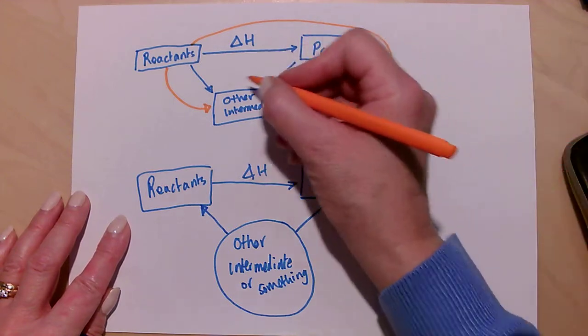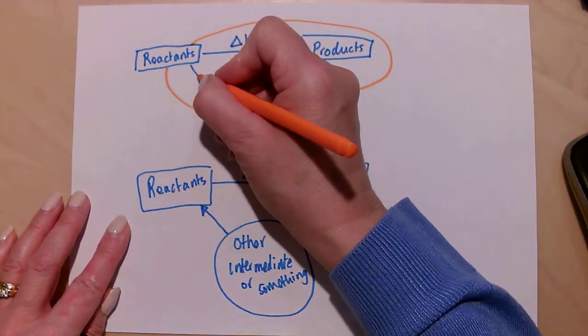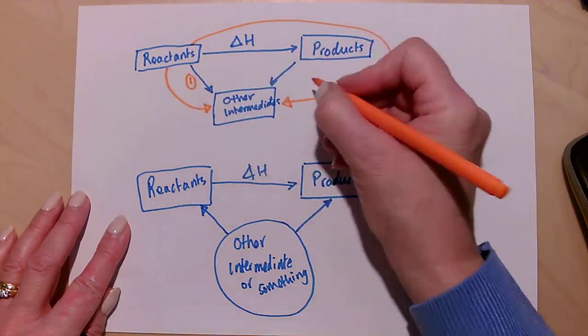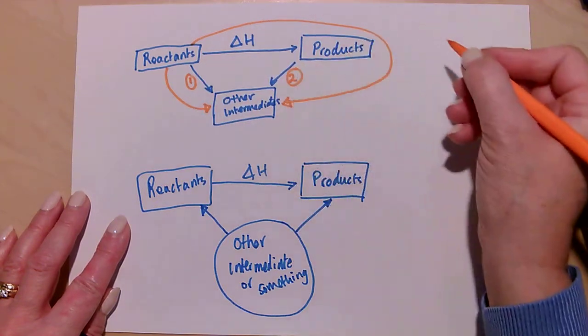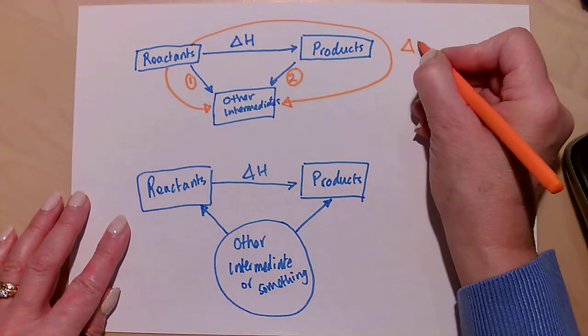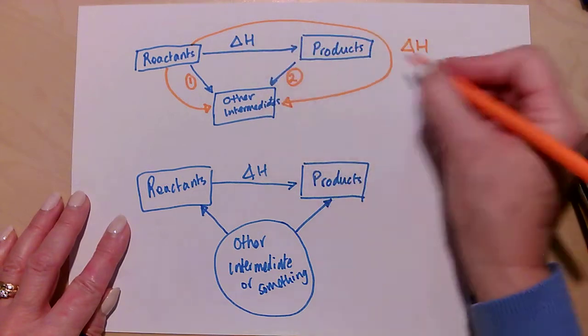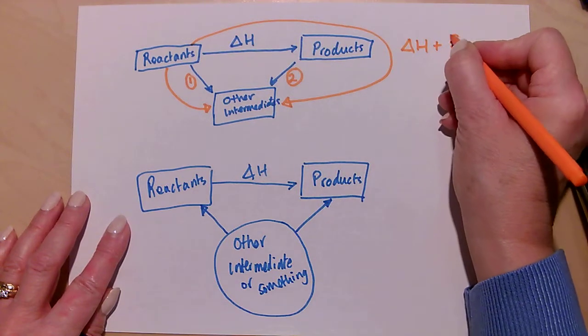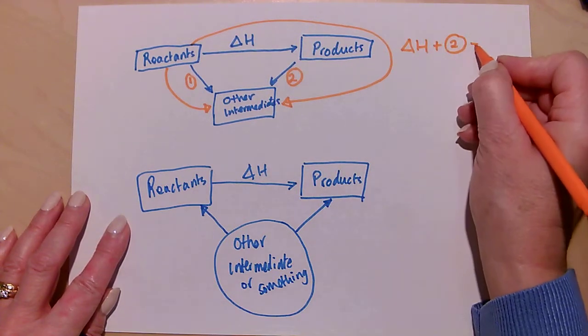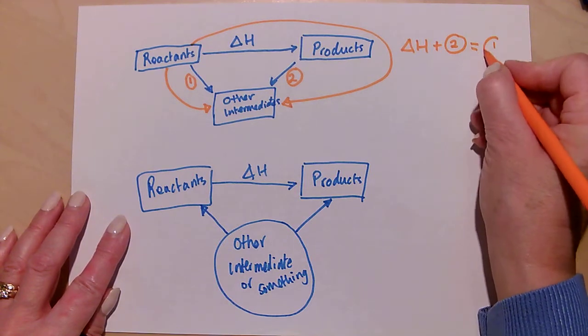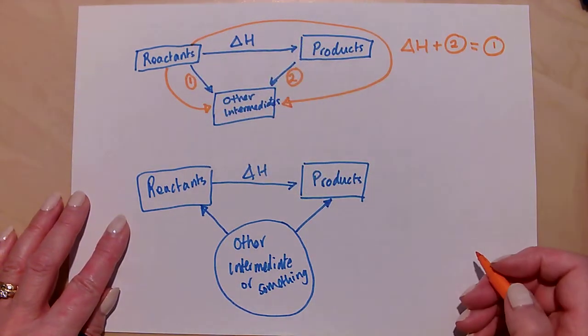Okay, so if I call this 1 and 2, then the enthalpy change 1 plus 2 is going to equal the enthalpy change at 1.